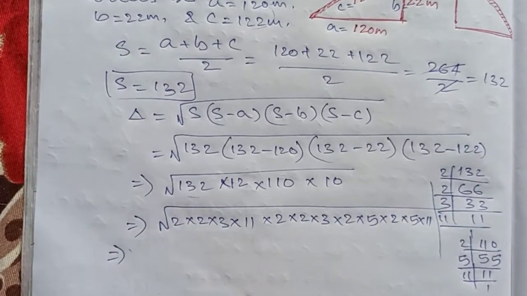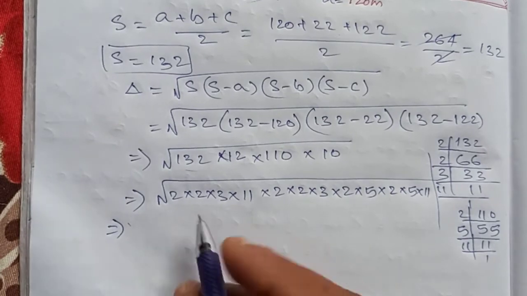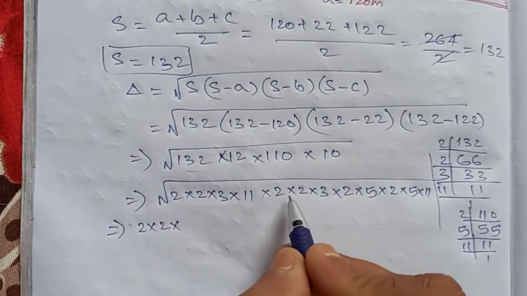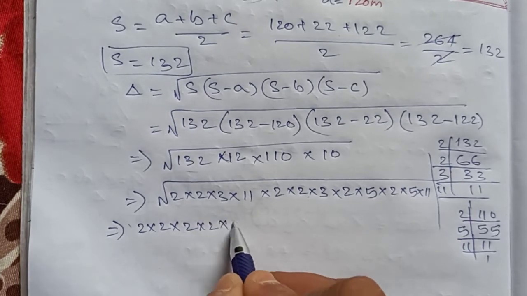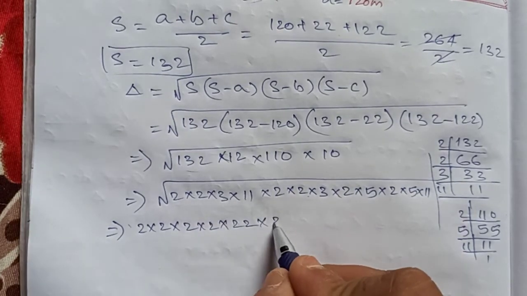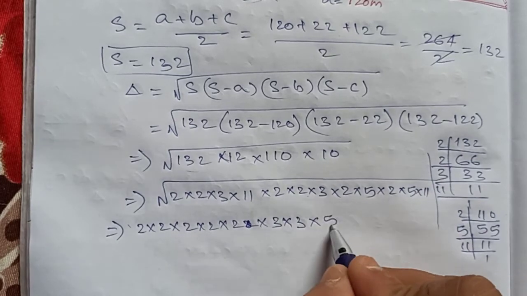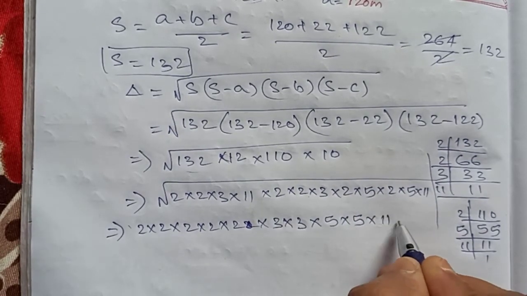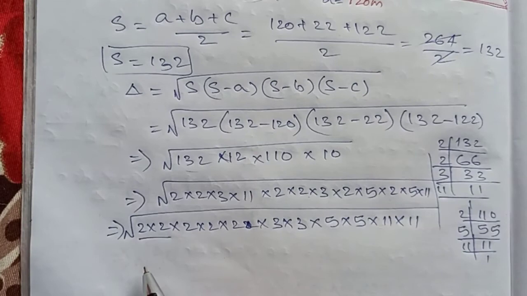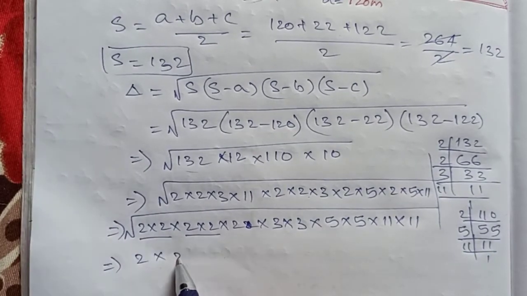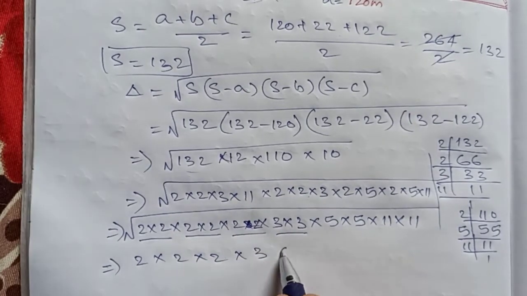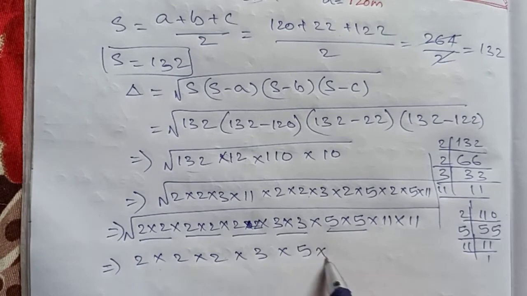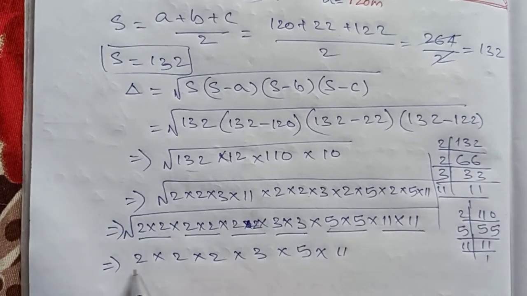Okay, now we will arrange the numbers according to their increasing order. Total 6 twos are there, so 6 twos we will multiply into 2 threes into 2 fives into 2 elevens. From each pair of numbers take out one outside the square root.